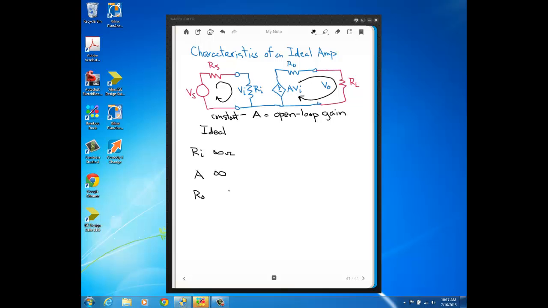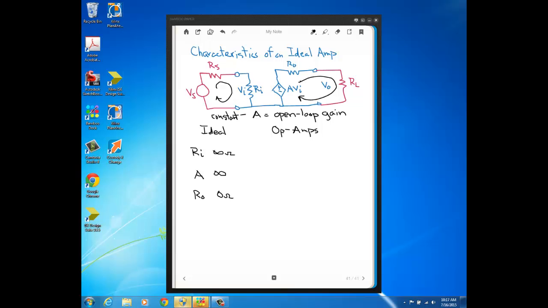So in order to get 0 volts across that output resistance, it would have to be a short, or 0 ohms. Okay, and that would make V out equal to AVI. So you see, these are the ideal values of an amplifier. Infinite input resistance, infinite open loop gain, 0 ohms for output resistance. And this is going to lead into our discussion of op amps.